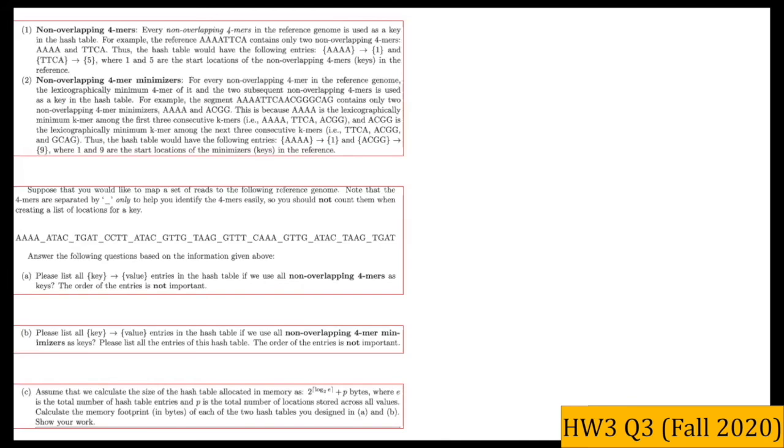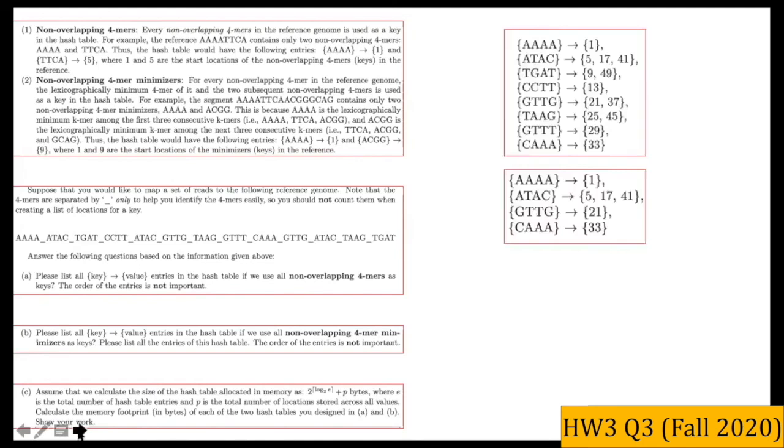Now we want to calculate the memory footprint in bytes of each of the two hash tables you designed in A and B, and you need to show your work.